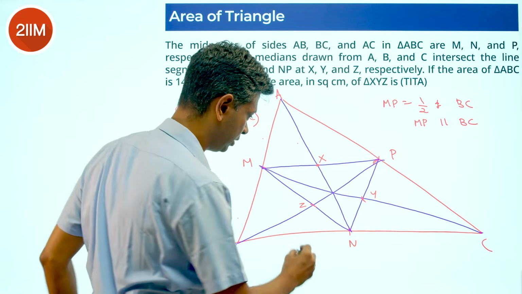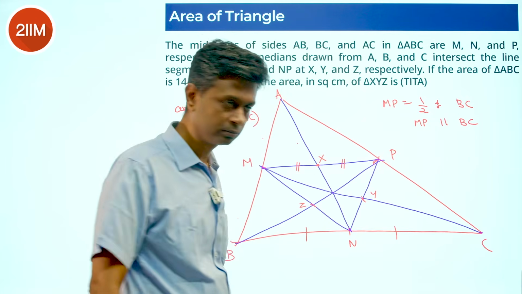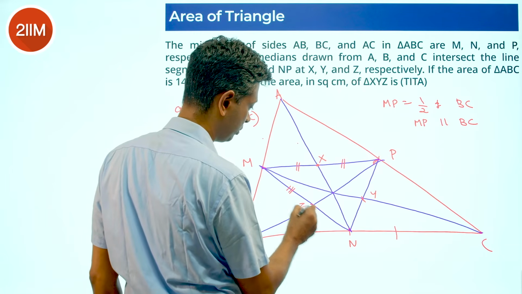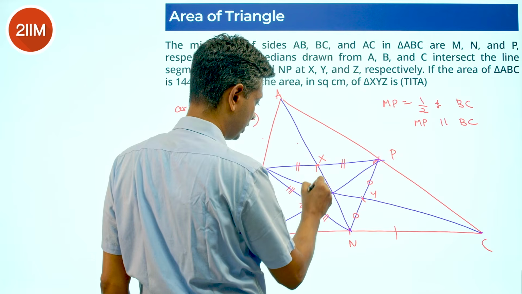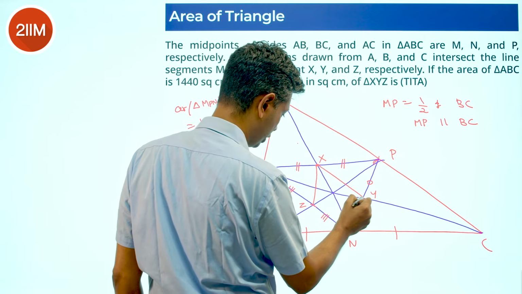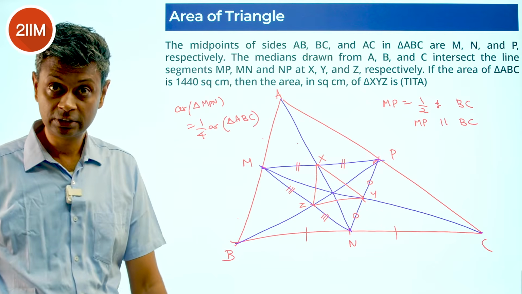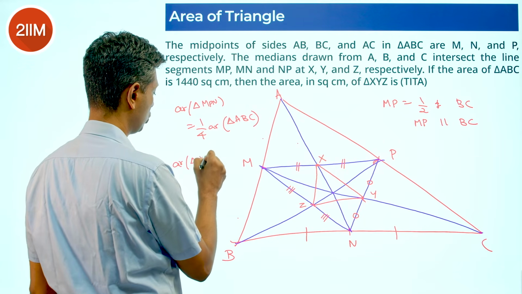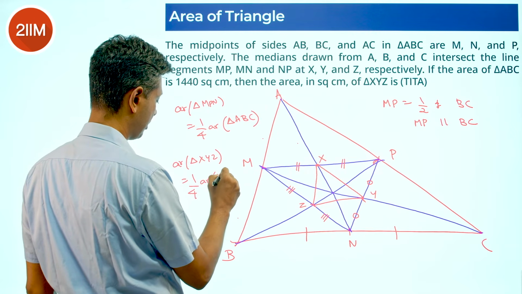BN equal to NC. This should be equal to this. Likewise, this should be equal to this, and this should be equal to this. Exactly the same set of funda. This is joining three midpoints of triangle MPN, which means area of triangle XYZ is 1/4 area of triangle MPN.